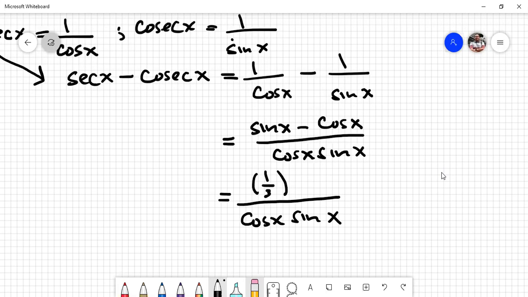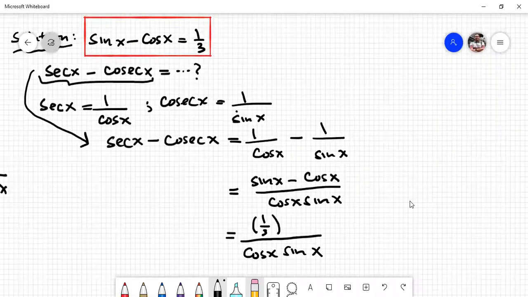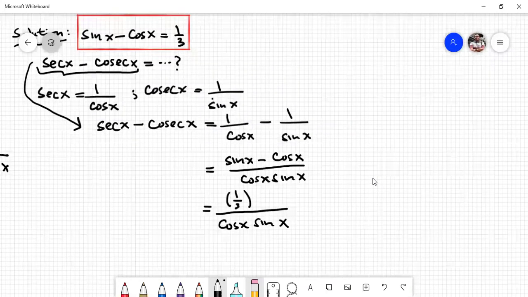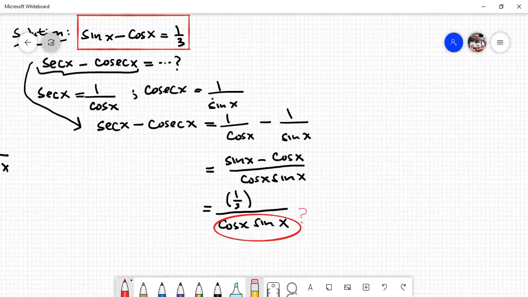But the problem now is, how do we figure out the value of cosine x and sine x, since it is not given to us? So what will we do?